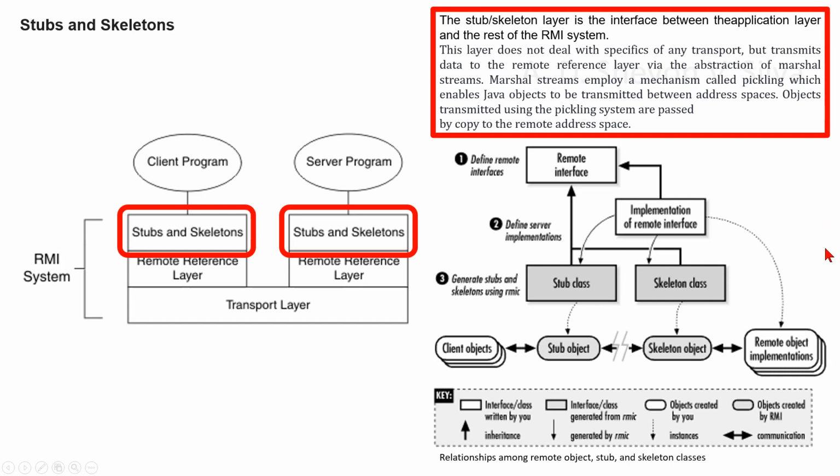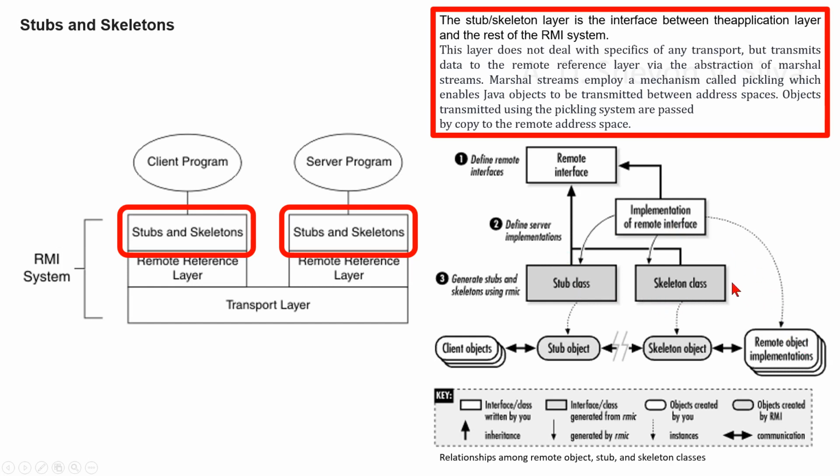Defining a remote RMI object involves specifying a remote interface for the object, and then providing a class that implements this interface. The remote interface and the implementation class are then used by RMI to generate the client stub and server skeleton for your remote object.